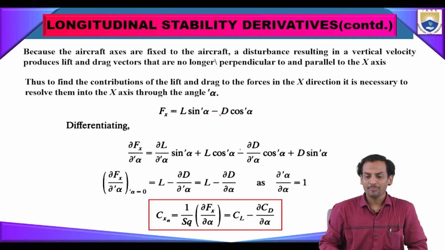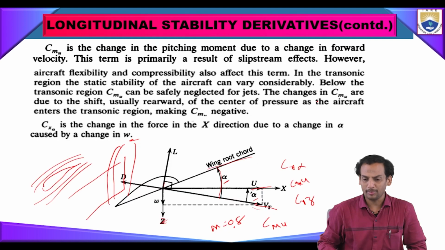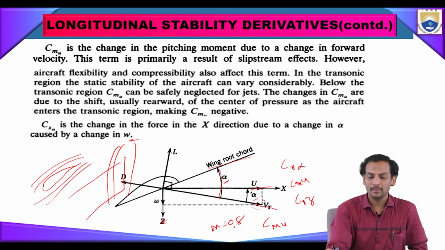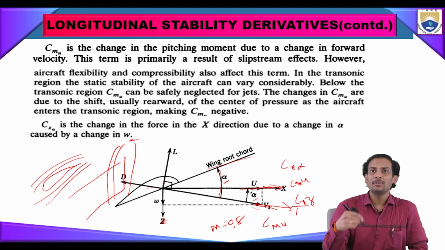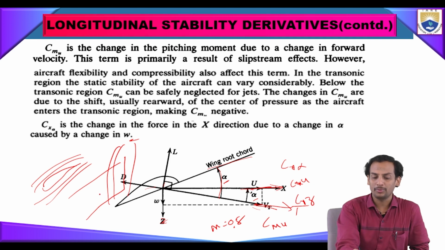So you see here, previously we said this is the thrust vector direction, and this is the drag direction, and this is the x axis direction. If you prolong this one, this is also alpha prime only.